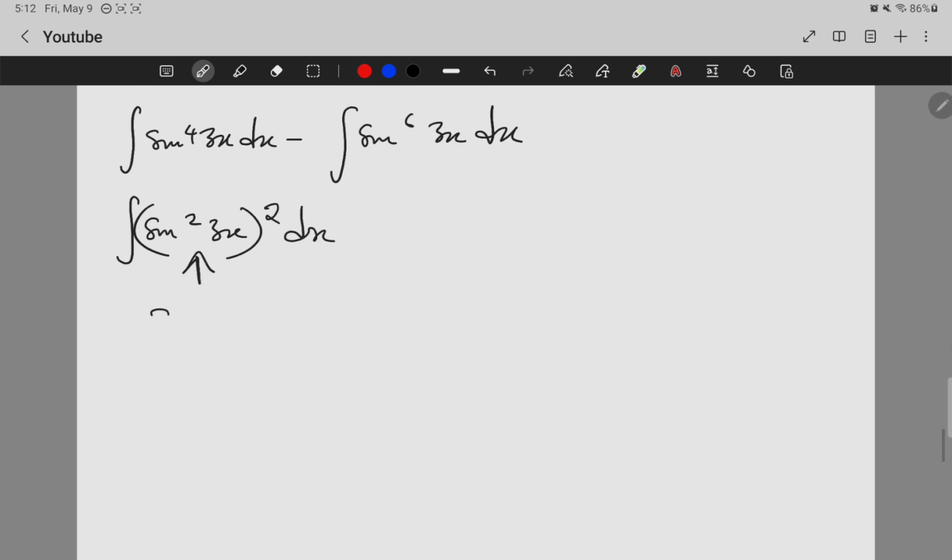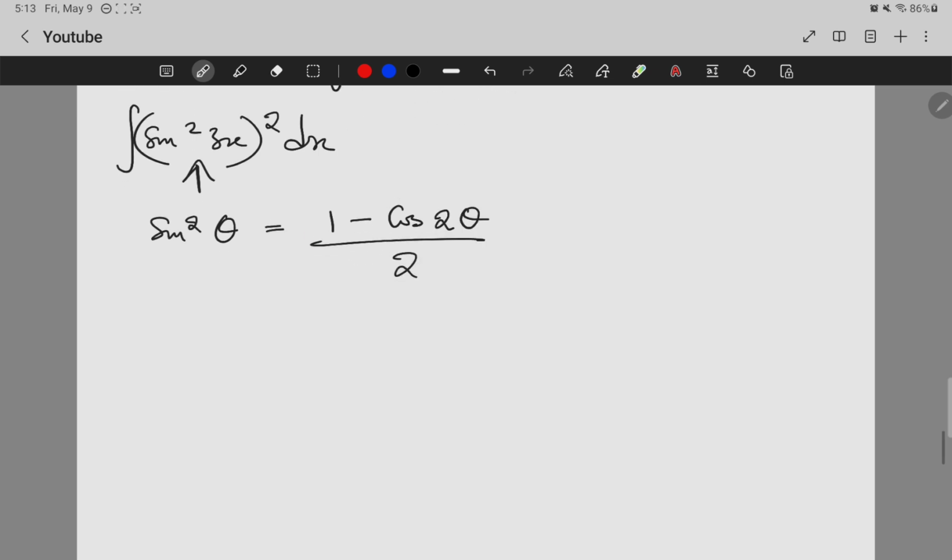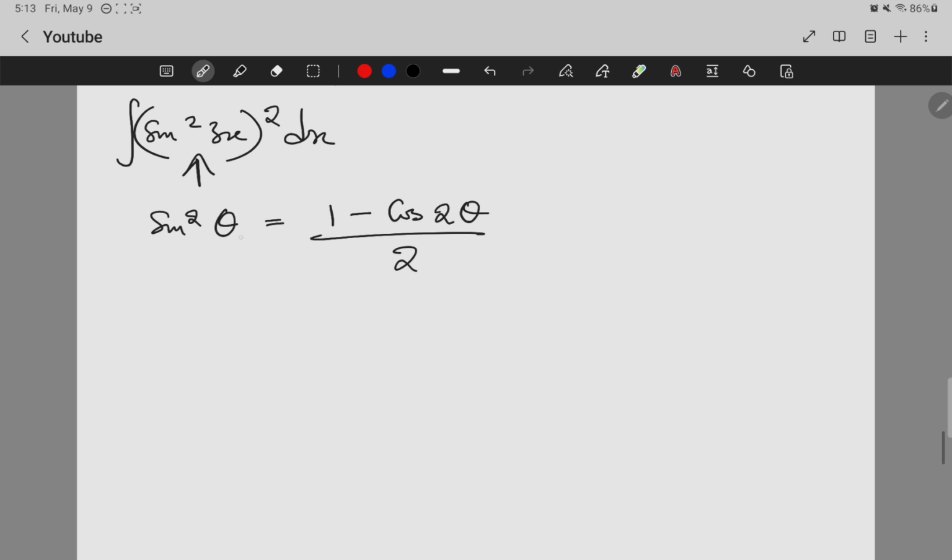Now this one, if we had sine squared 3x, we know this is the same as 1 minus cos 2, let me use the identity first before putting the x there. So let's say sine squared theta is equal to 1 minus cos 2 theta over 2. That's what I'm going to use. So if I have this, in this case, theta is 3x, meaning 2 theta will be 3x times 2.